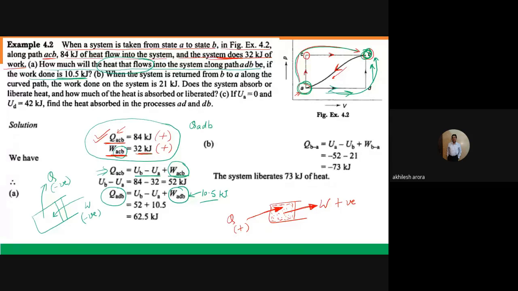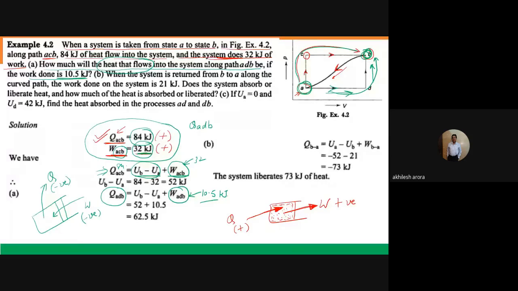WACB is already given to us. The value of QACB is given as 84 and WACB is given as 32. So I can always calculate the value of UB minus UA from this equation.